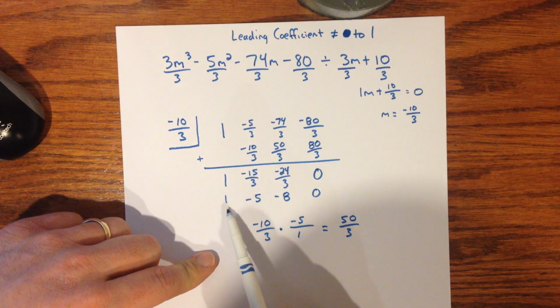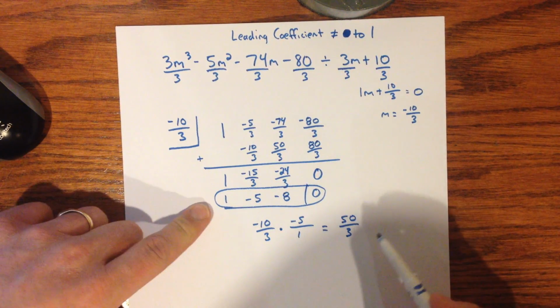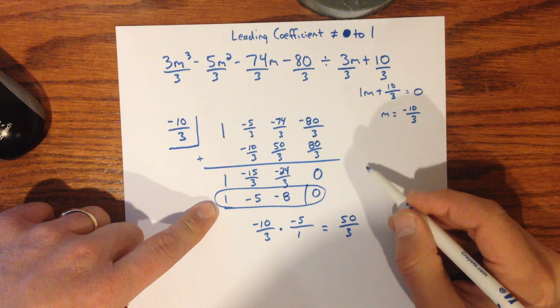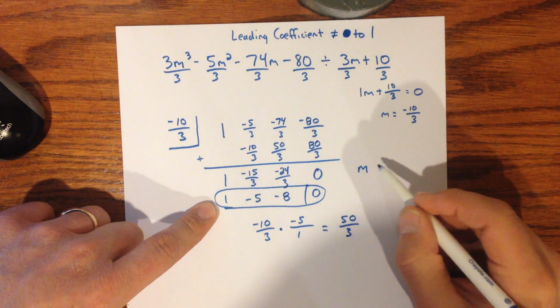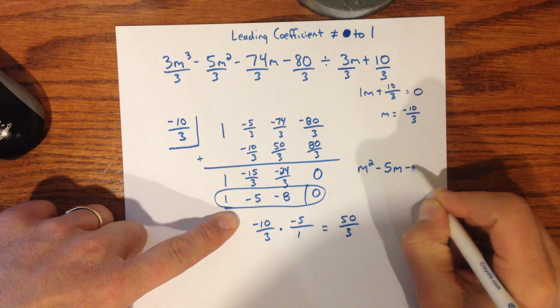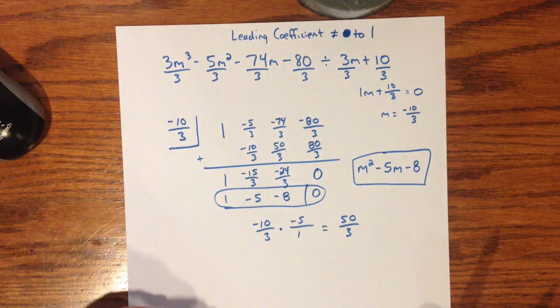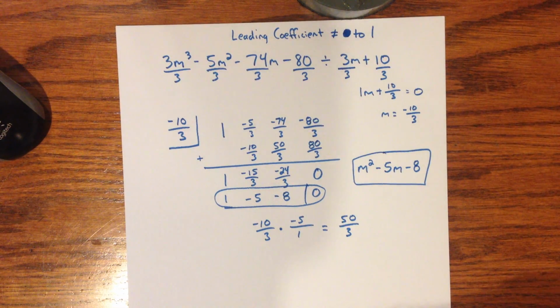That's my remainder. And that's going to be my x squared term. So our answer is m squared minus 5m minus 8. Now, we got that same answer.